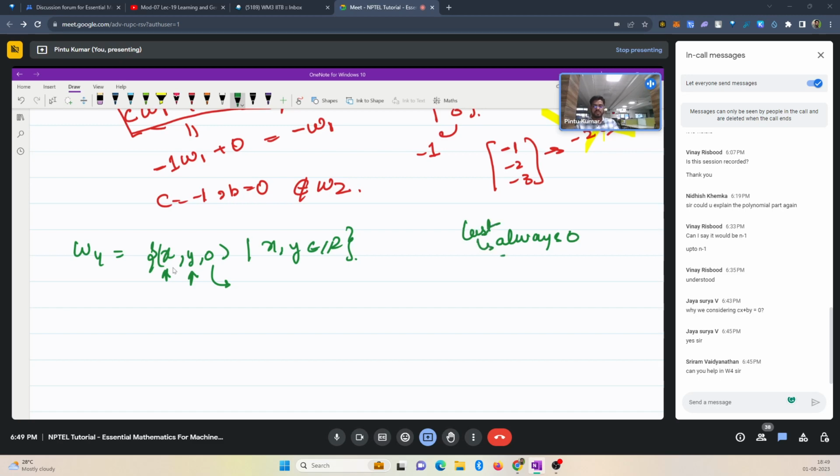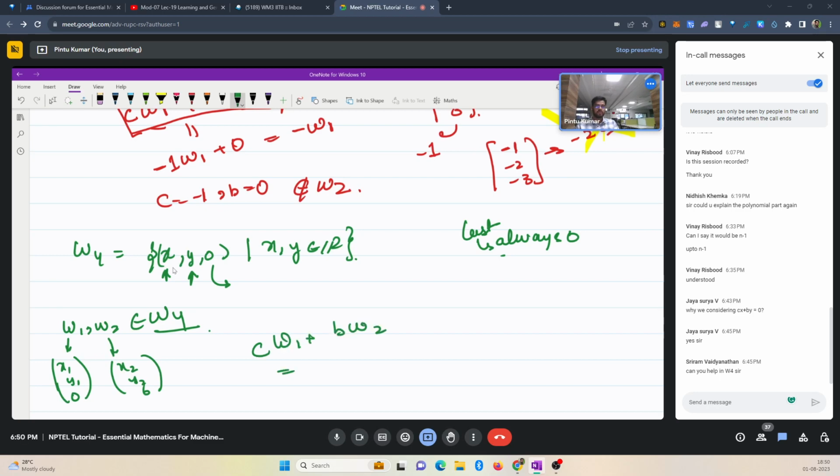Let's take two elements W1 and W2 that belong to W4. W1 is of the form x1, y1, 0, because it is an element of W4, and W2 would be of the form x2, y2, 0. Now if you do c times W1 plus b times W2, what would be the result?